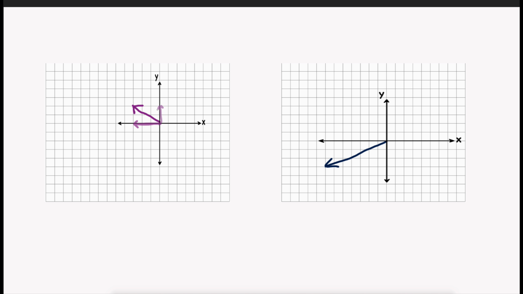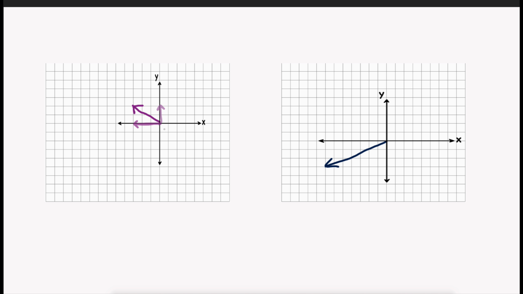So the y component vector has a positive 2, and the x component vector is negative 3. This is good to know when you start to add vectors together.